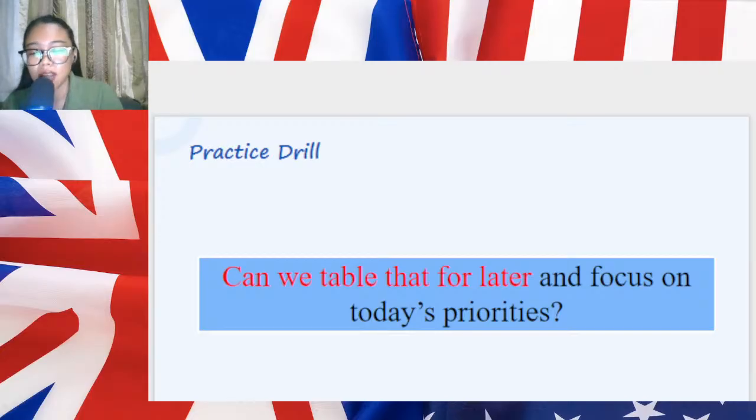So those are the phrases that we talked about on what? We are focusing on phrases for meetings and discussions. So let's try to read all the phrases that we've talked about earlier for a moment. I'm trying to find the slide.